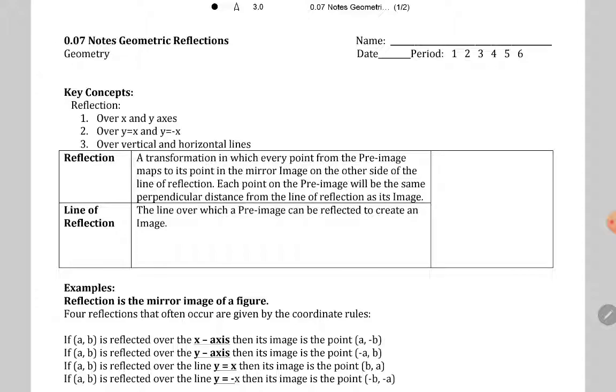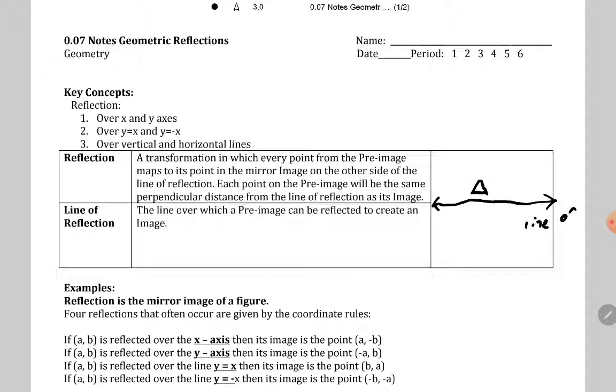So let's look at the line. Let's do an example here. I have a triangle, and we want to reflect it over this line of reflection. If that was a straight line, that would be better.